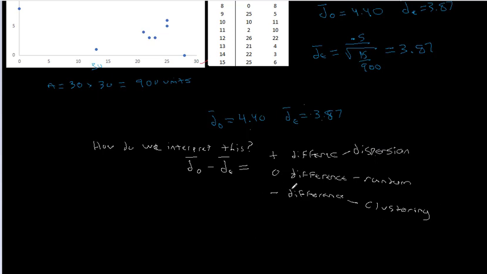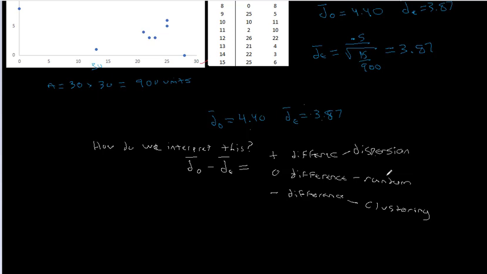If you have a large absolute value negative difference, that would mean your points are a lot closer together than you would expect under the random distribution, and that could be an indication of clustering. And if you have no difference or very little difference in terms of absolute value, that is an indication that your data is more than likely randomly distributed.